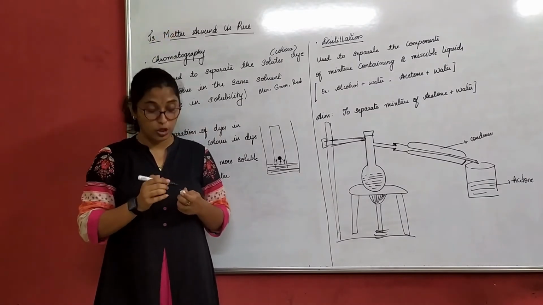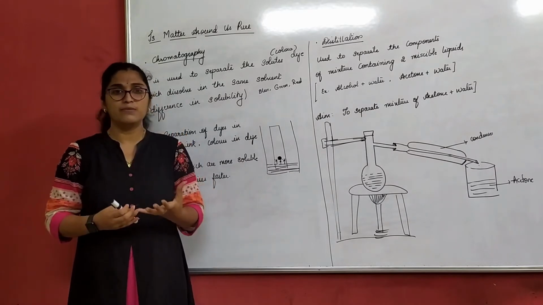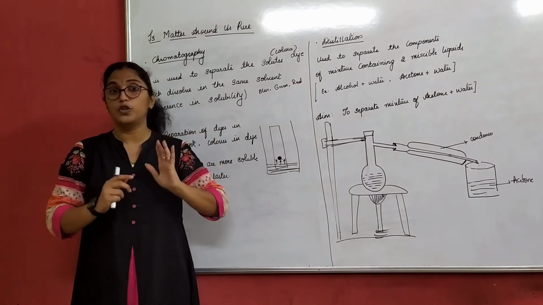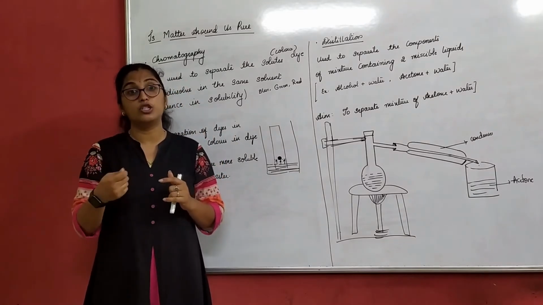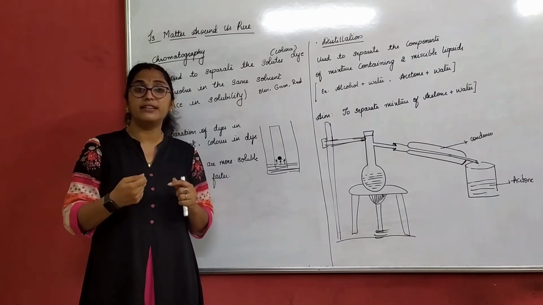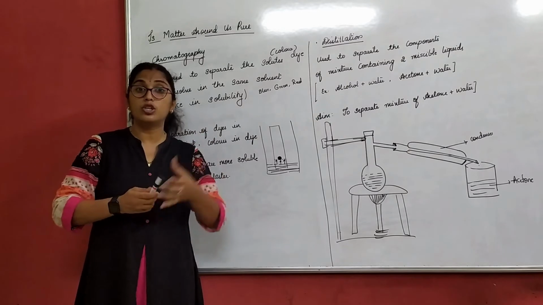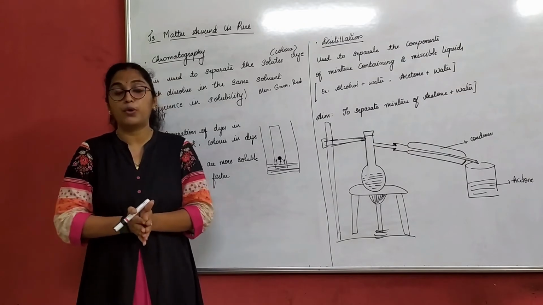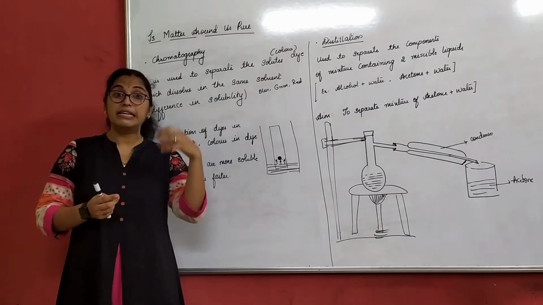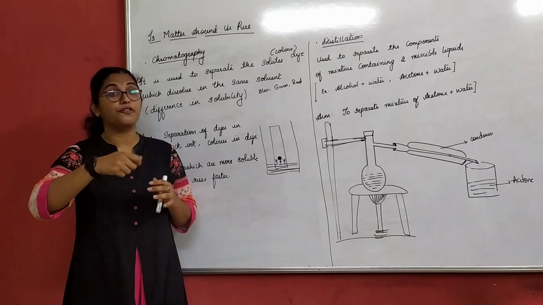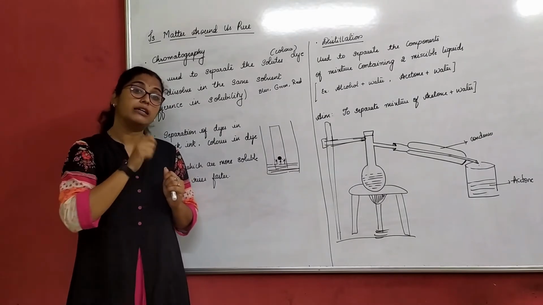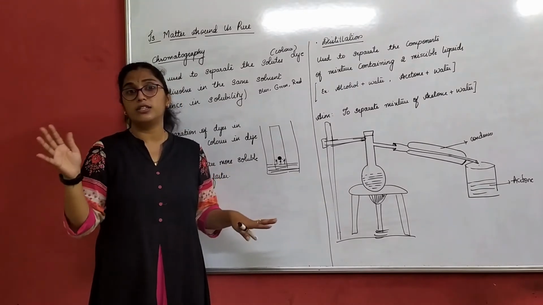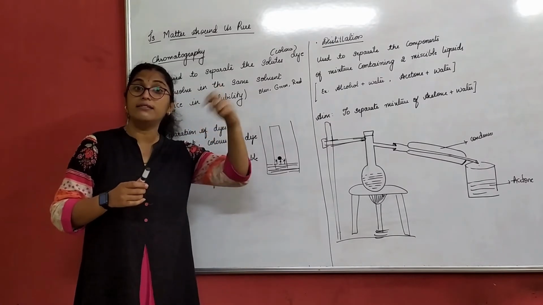What do you mean by higher solubility? Just an assumption: you have water, and I put a few crystals of salt and a few crystals of sugar. When I dissolve them at the same speed, stirring, sugar dissolves, but salt dissolves only after a greater number of stirs. Suppose with one spoon of sugar crystals and one spoon of salt crystals in water, sugar dissolves in 5 stirs, but salt takes 10 stirs.